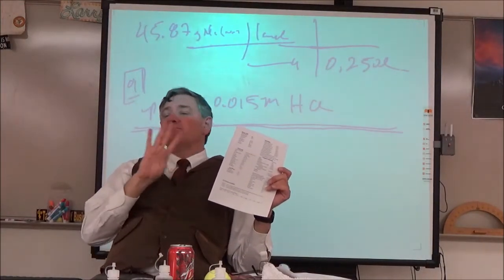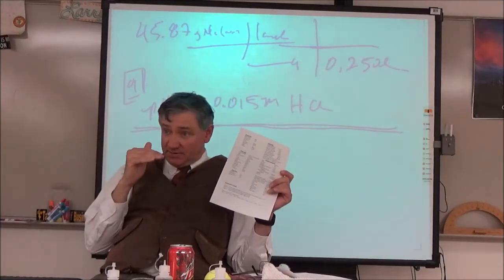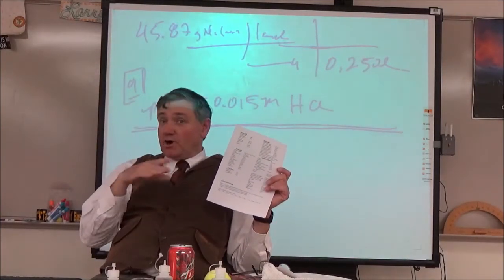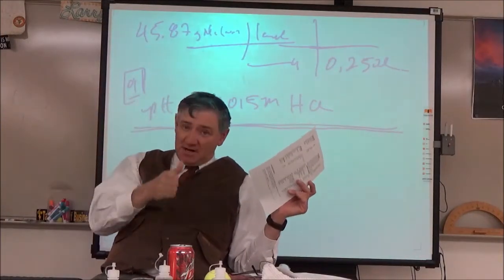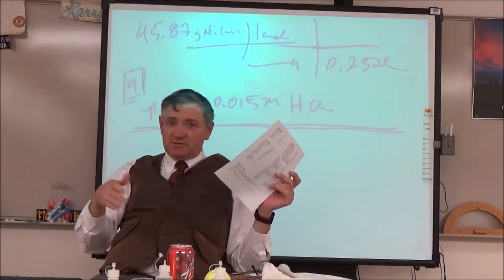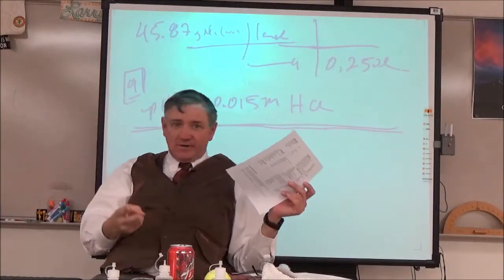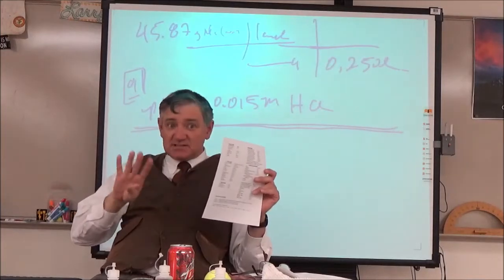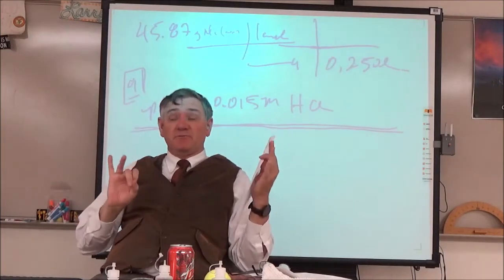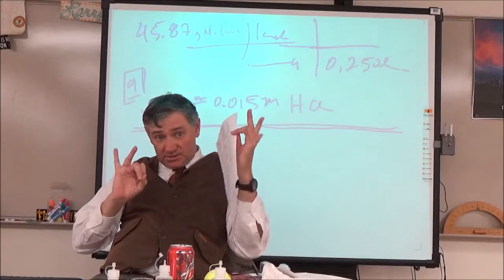Pick 4. Eventually you're going to have to know all 7, but you can pick 4. I don't care which 4. I'm going to give you space. You can put down the name and the formula, like nitric, sulfuric. I don't care which ones. But eventually I'm going to expect you to know and have memorized those 7 strong acids.